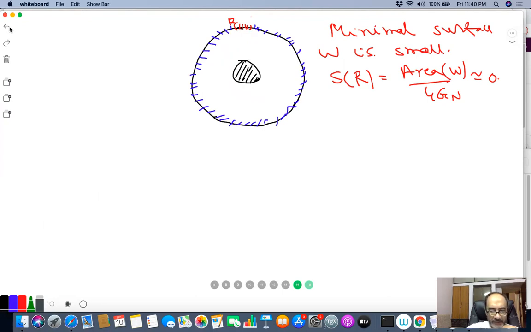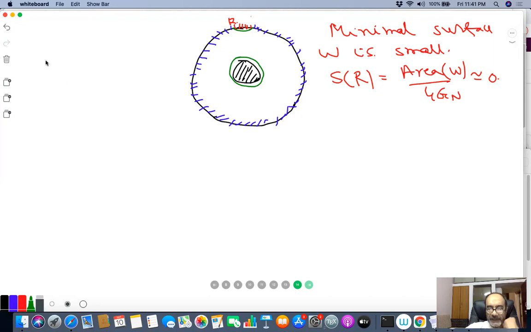The minimal surface is actually the union of this and this. The union of this and this is actually homologous to this region, because when you try to deform this, you can use this to cancel it out.